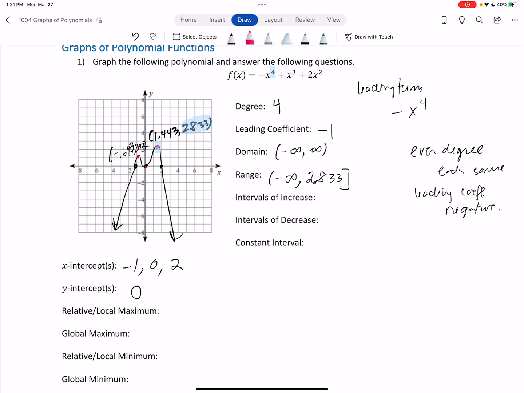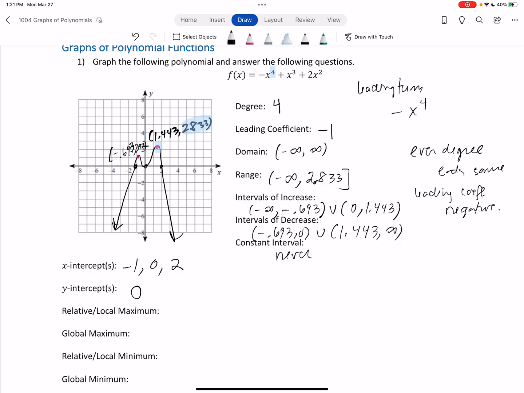For intervals of increase and decrease we use x values: it's increasing from -infinity to -0.693, and from 0 to 1.443. It's decreasing from -0.693 to 0, and from 1.443 to infinity.